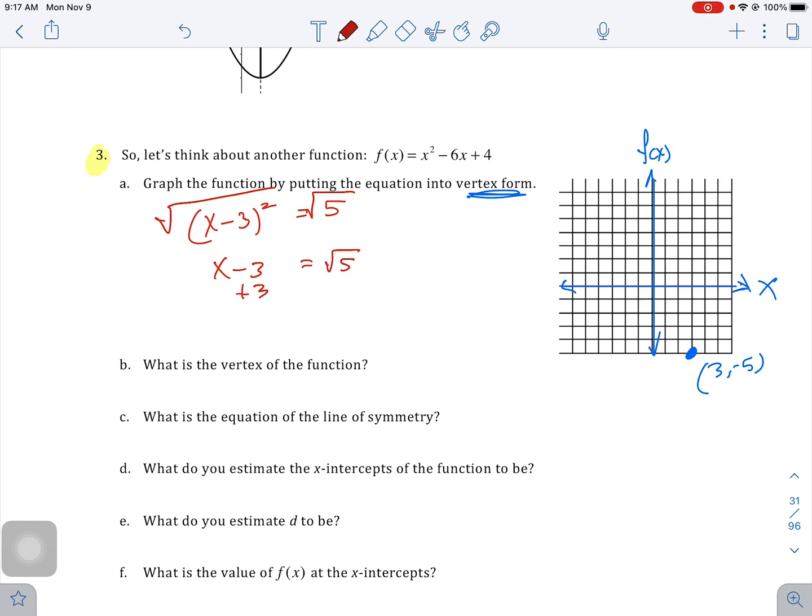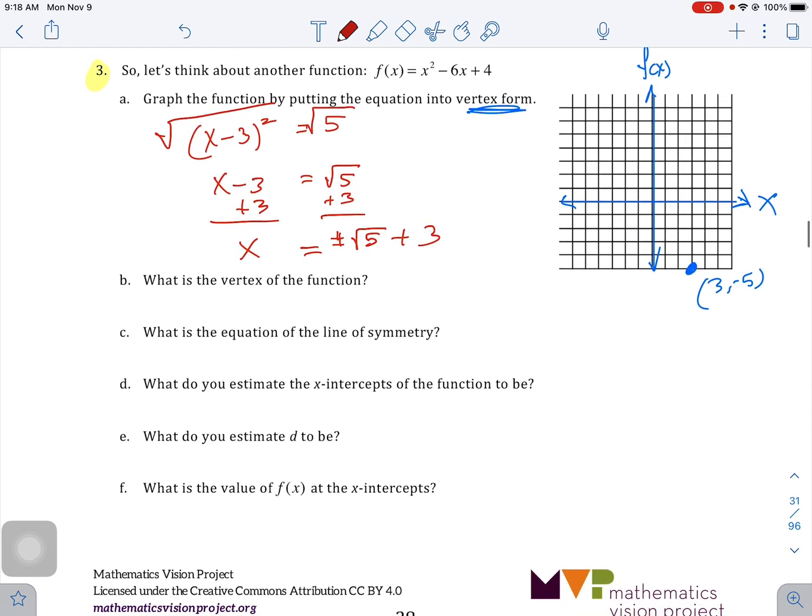If we add 3, we can say that x is equal to 3 plus the square root of 5. And there's going to be a positive and a negative solution here, so we say 3 plus or minus the square root of 5.